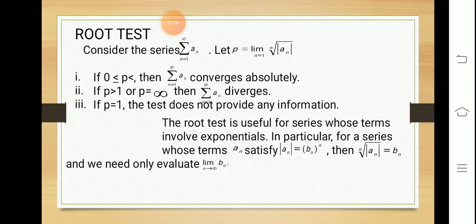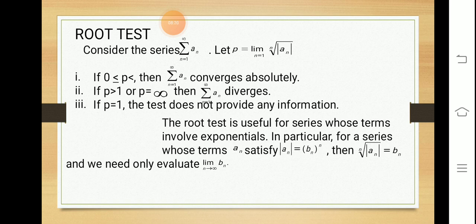Let p equal the limit as n approaches infinity of the nth root of the absolute value of a sub n. If 0 is less than or equal to p and p is less than 1, then the summation of a sub n converges absolutely.